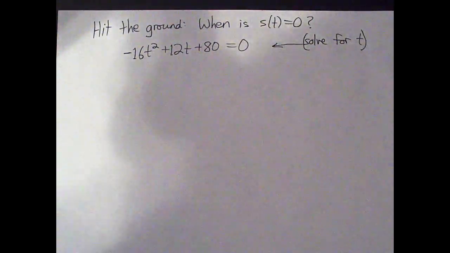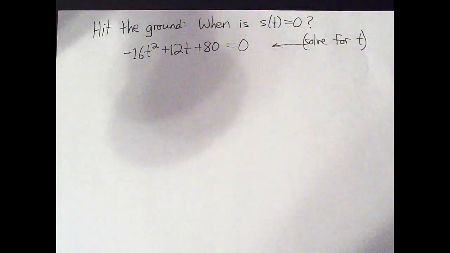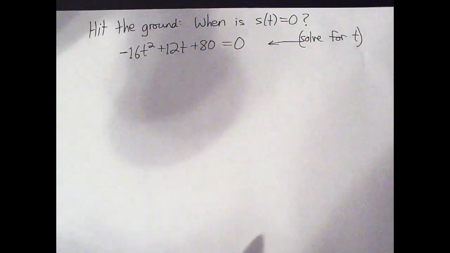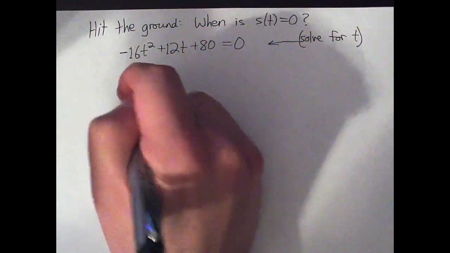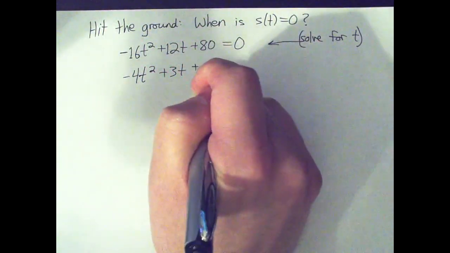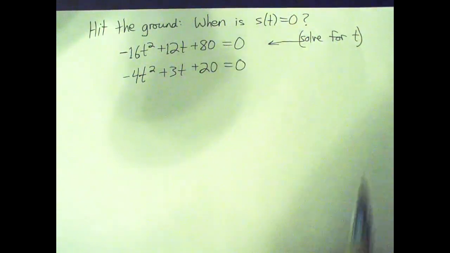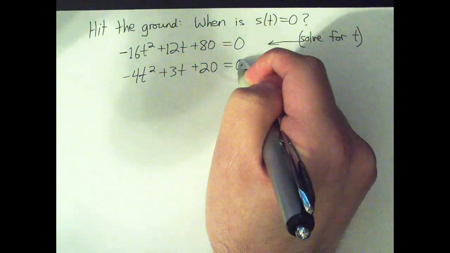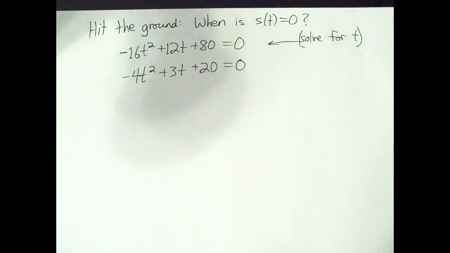So for this one, I'm setting the position equal to 0 and solving for t. First thing I'm going to do is divide both sides by 4. I think that makes this a little bit simpler. It's a little bit better. Does this factor, though?